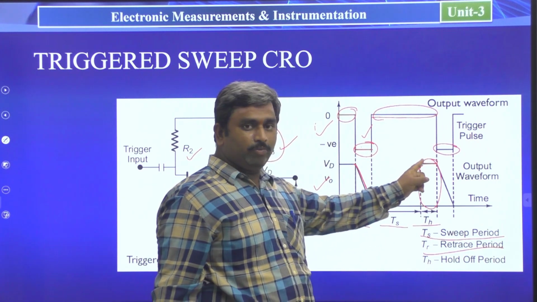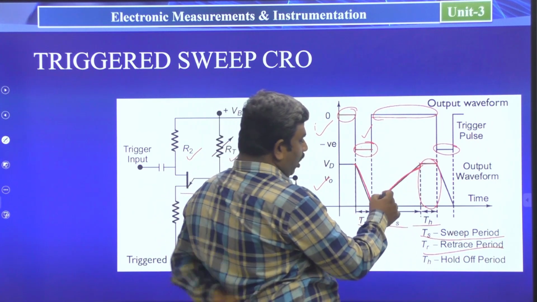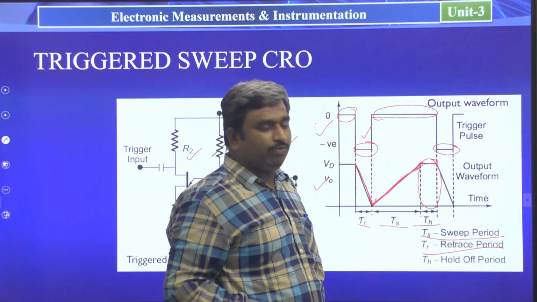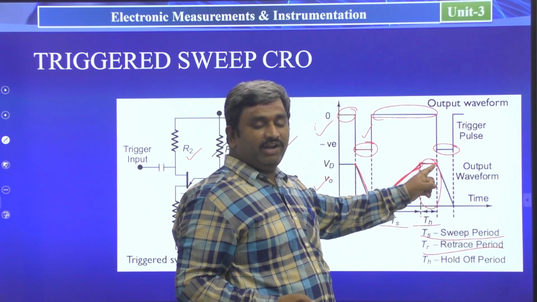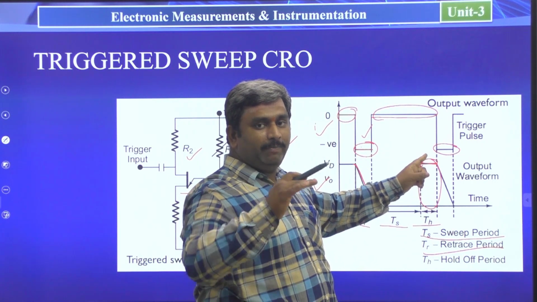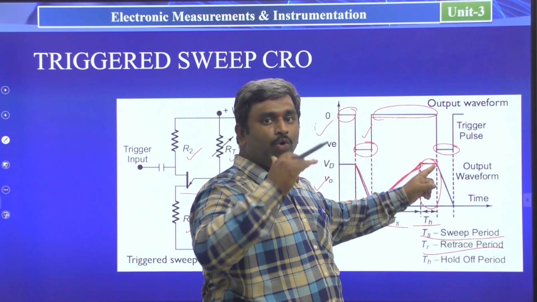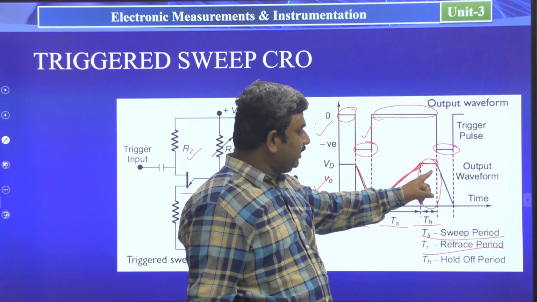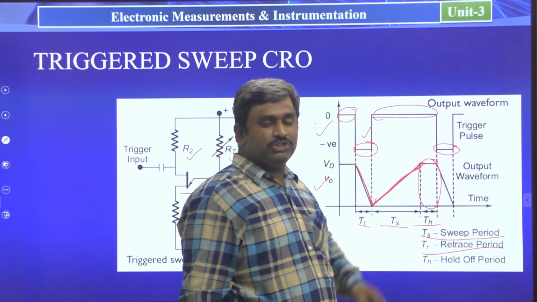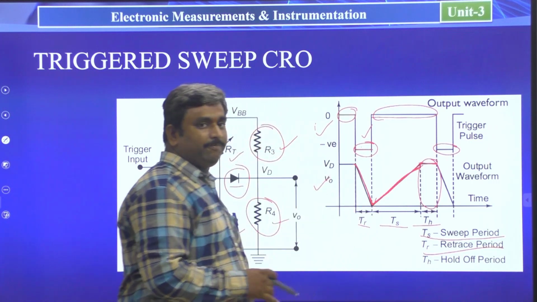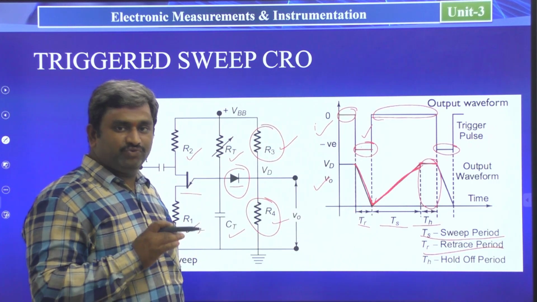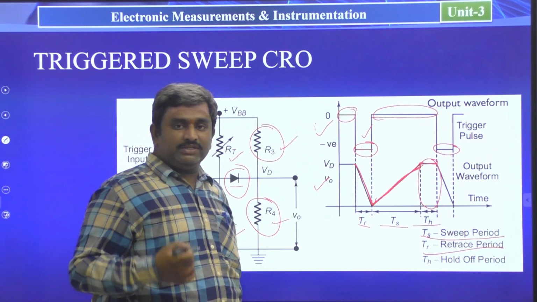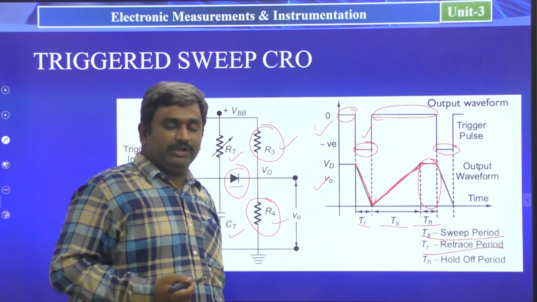After charging, whenever it reaches the maximum peak value VD, it will hold there. After some time, when you give the triggering pulse, then it is going to discharge. So this is the behavior of this triggered sweep CRO. Previously we have seen the sweep generator circuit.